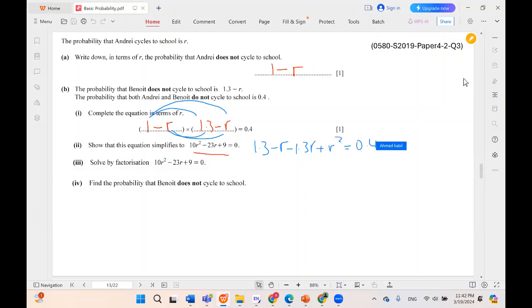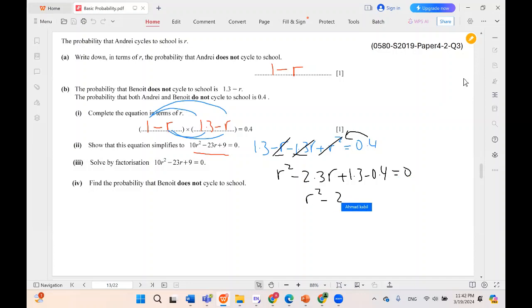And then we collect the like terms. So we have R squared, and then minus R minus 1.3R, so this is minus 2.3R. And then we take the 0.4 to the other side. So we have plus 1.3 minus 0.4 equals 0. So R squared minus 2.3R plus 0.9 equals 0.